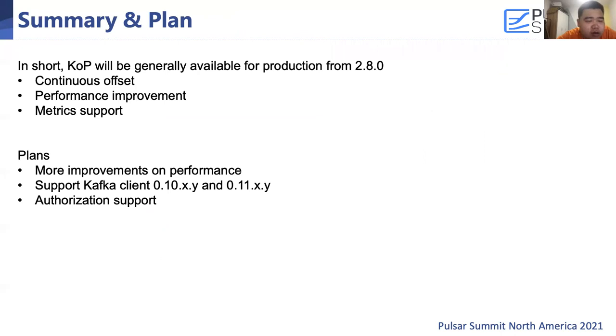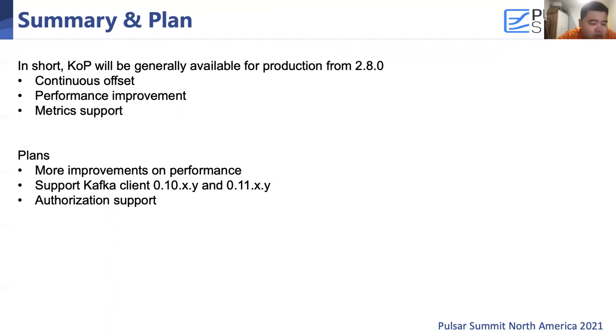In short, KOP will be generally available for production from 2.8.0. For the following 3 points, first is the continuous offset, which will be introduced by my partner, and the performance improvement and the metric support.